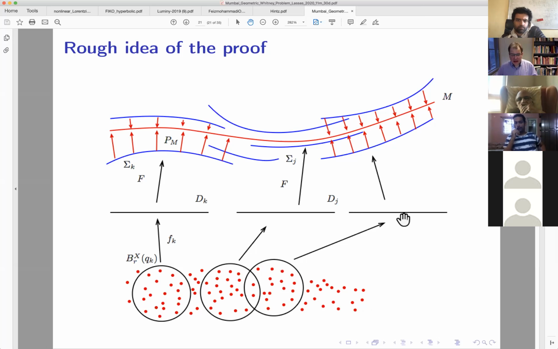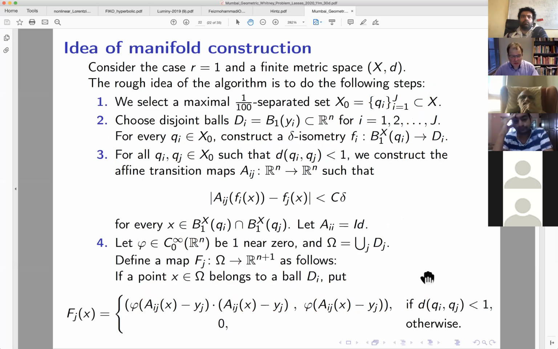The Euclidean space is then embedded into some larger dimensional Euclidean space, and then we do interpolation. Let me explain the details of this construction. Again, we assume for simplicity that the scale that we consider, R, is equal to 1, and we are given the finite metric space X.